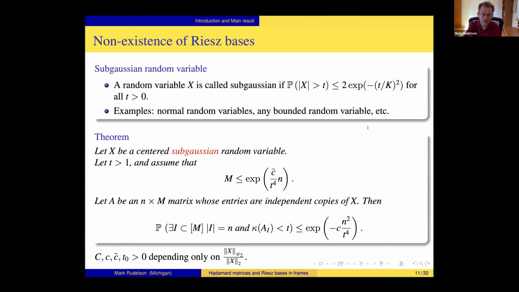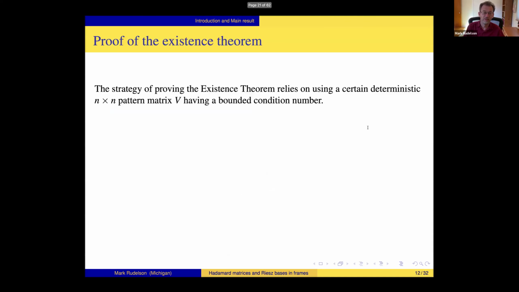And the non-existence statement requires a proof, but the technique of this proof was developed in non-asymptotic random matrix theory. So since we have only an hour, I'll discuss only the existence theorem, because the existence theorem requires some new argument.